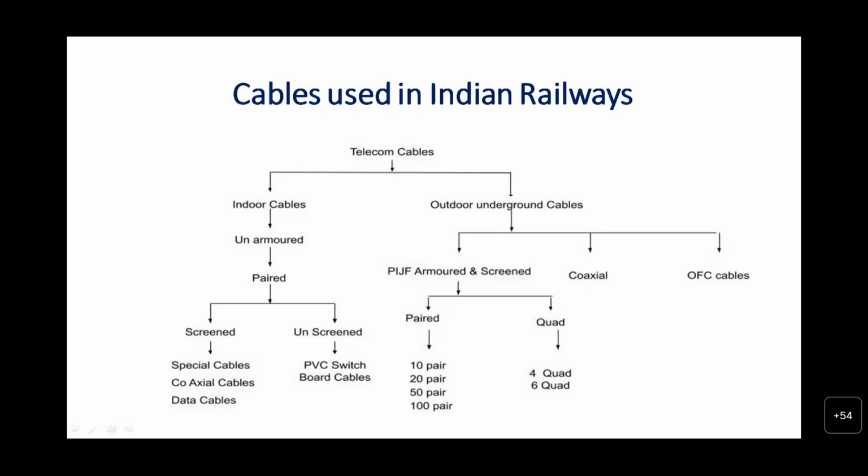In underground outdoor cables, there are PHF armored and screened coaxial cable, which we are not using at the moment, and OFC cable. In PHF armored and screened cable, paired 10, 20, 50 and 100 pairs are being used. Another cable which is extensively used is the quad cable, 4 or 6 quad.